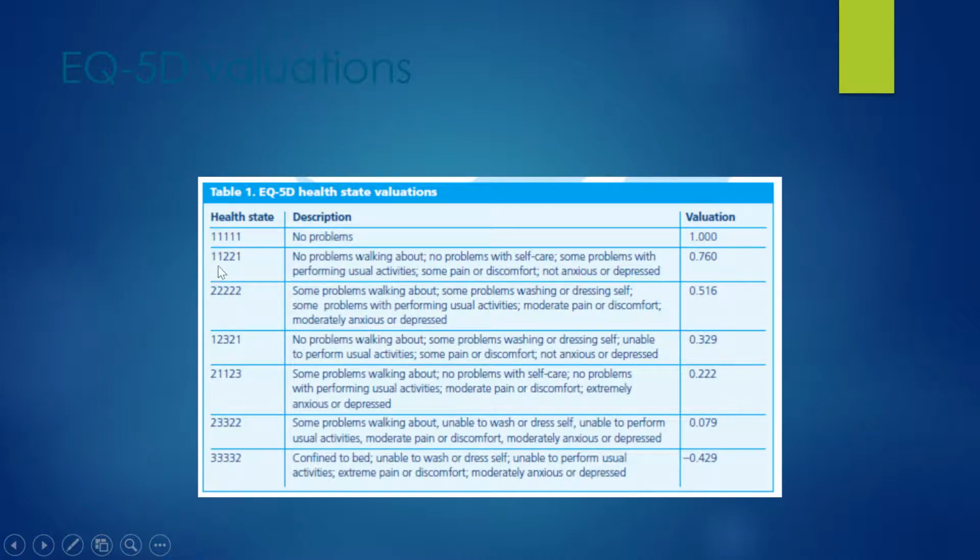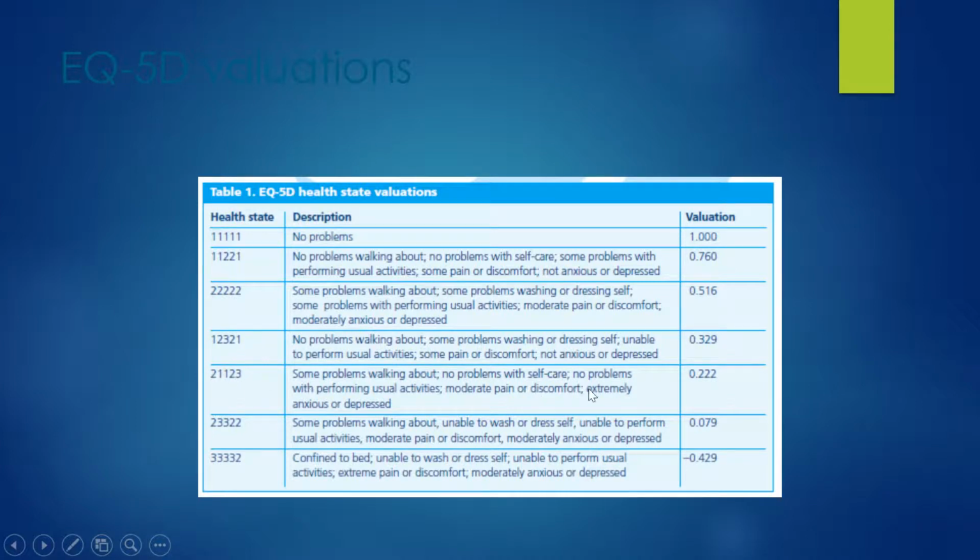Then you have 1 1 2 2 1, and it doesn't matter if there's equal ones or different twos. If you think about it, this one has 1 3, 2 2, and 2 1, and this one has exactly the same but in different domains.